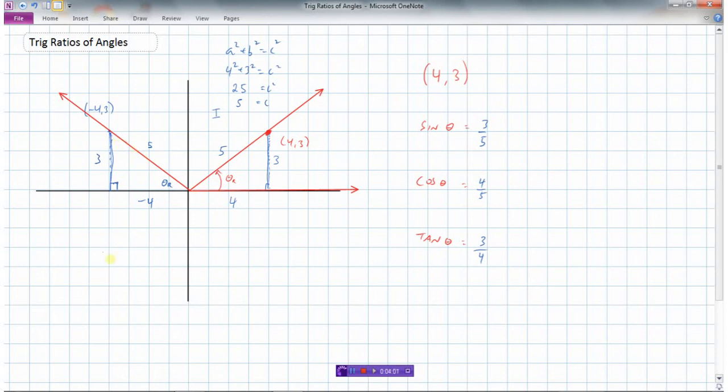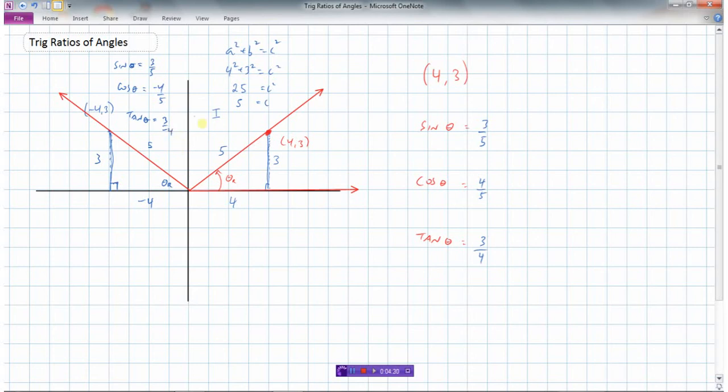So now if we're looking at the sine, cosine, and tan, sine is opposite over hypotenuse, so that's going to be 3/5. The cosine of the little reference angle here would be -4 over 5, and the tangent of that angle is going to be 3 over -4.